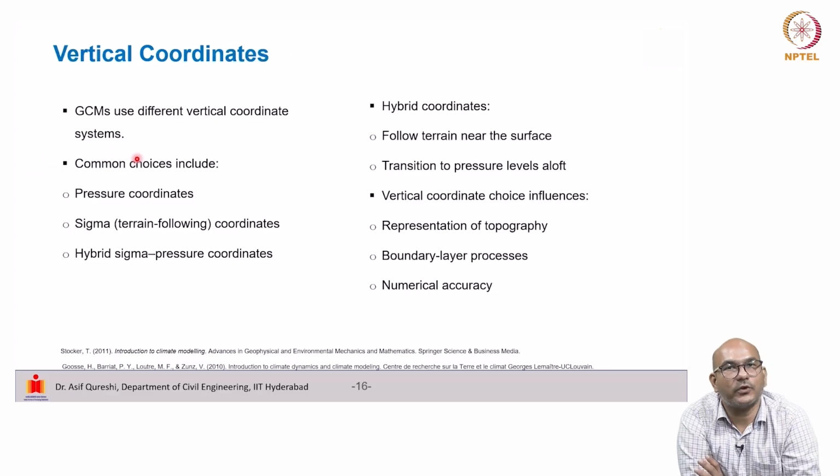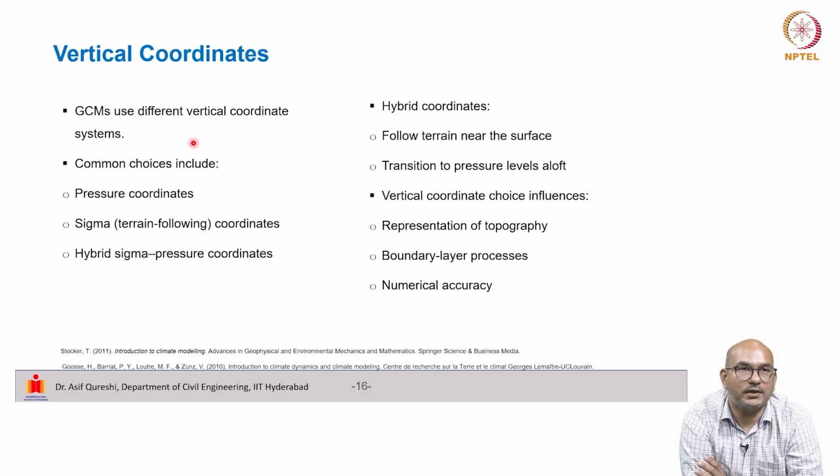Now, of course, we have seen that GCMs use very different vertical coordinate systems. These choices may include pressure coordinates, then sigma, which is a dimensionless coordinate, and also hybrid sigma-pressure coordinates.